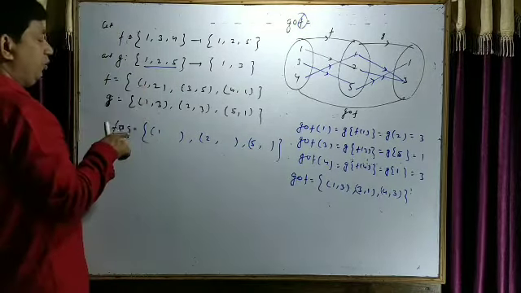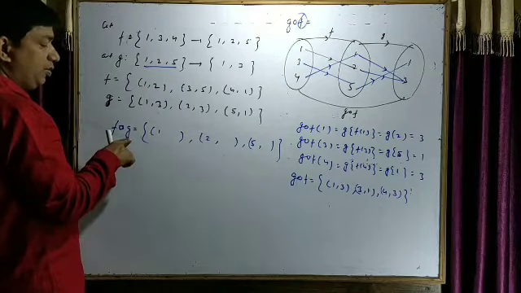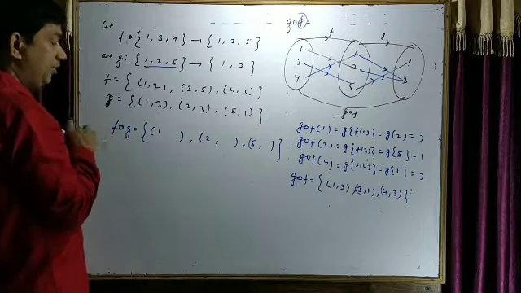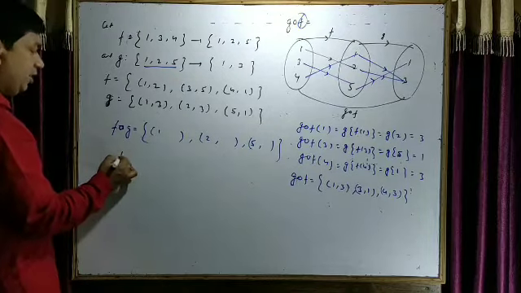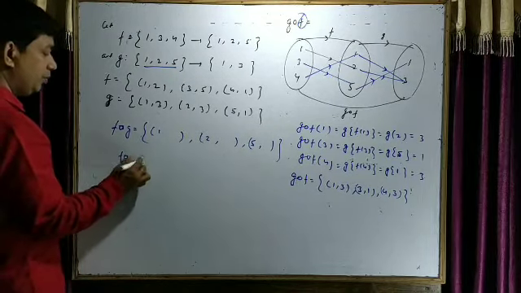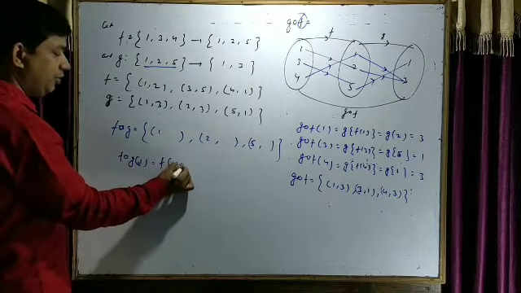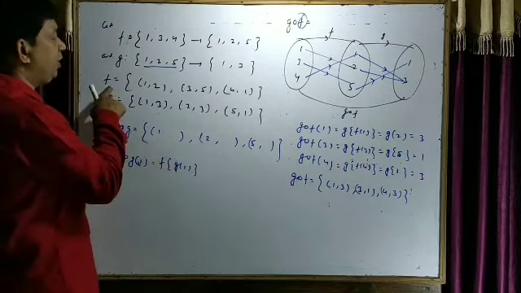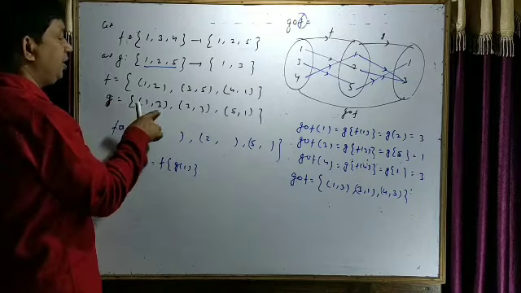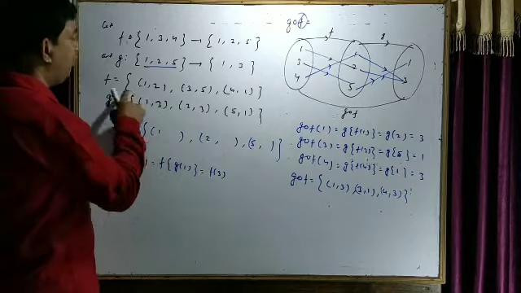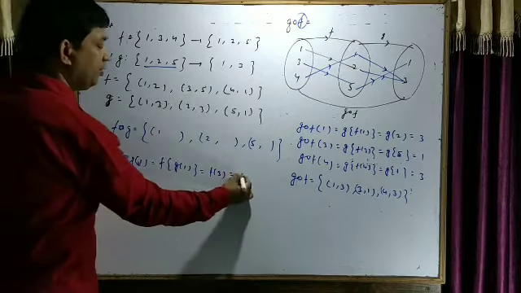Fog of 1 means F of G of 1. G of 1 is 3, and then F of 3 is 5.